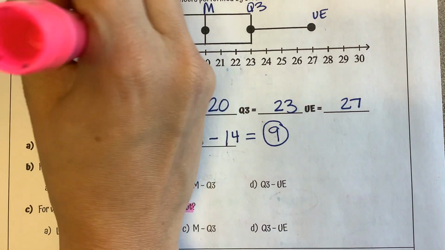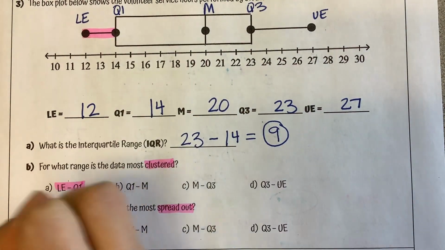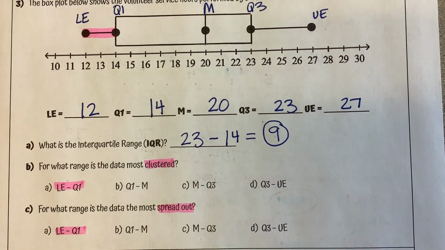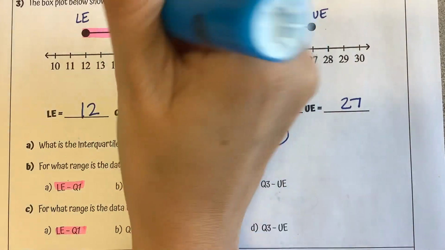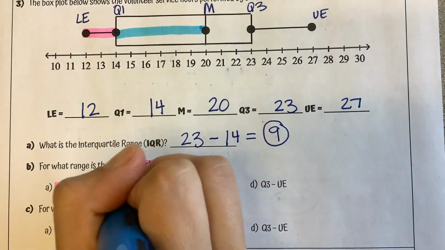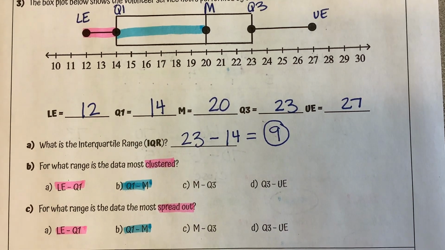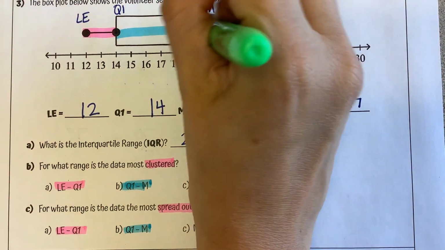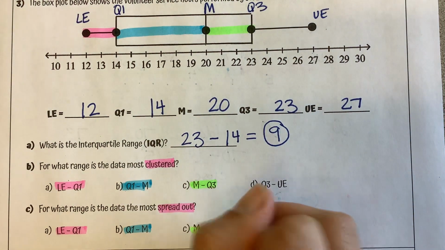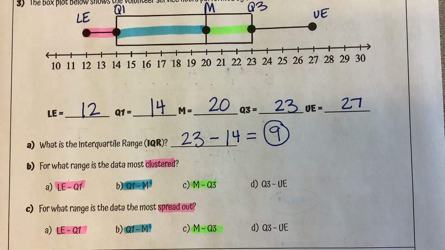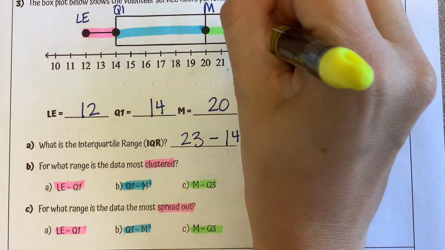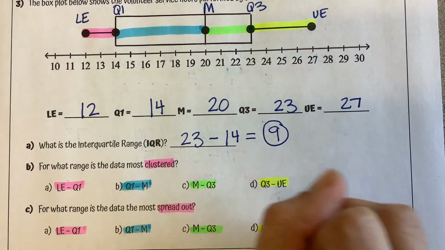So our first range, lower extreme to Q1. That second range is the Q1 to the median. Third range is the median to the Q3.